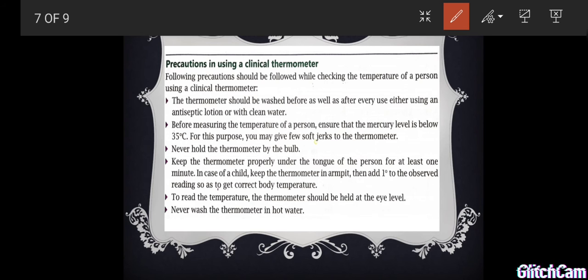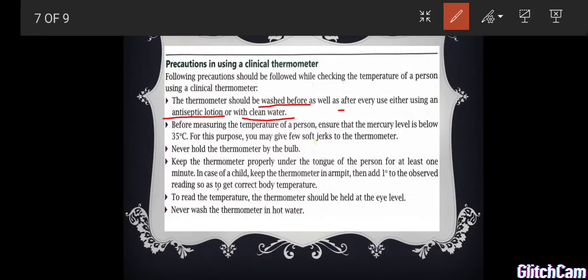Next, it should be washed before as well as after every use, either with an antiseptic lotion or with clean water, not cold water, not warm water. That is important, because if you clean the thermometer with warm water, then the temperature increases, so we are not able to measure it perfectly.